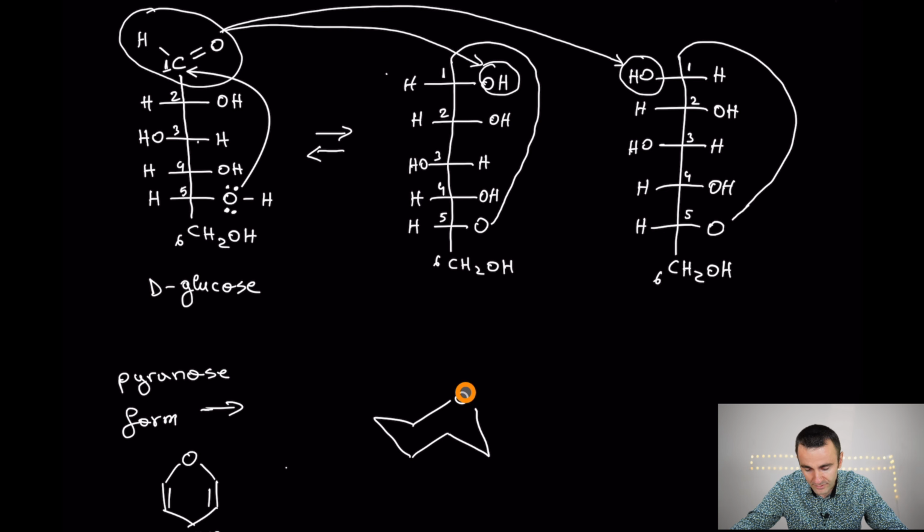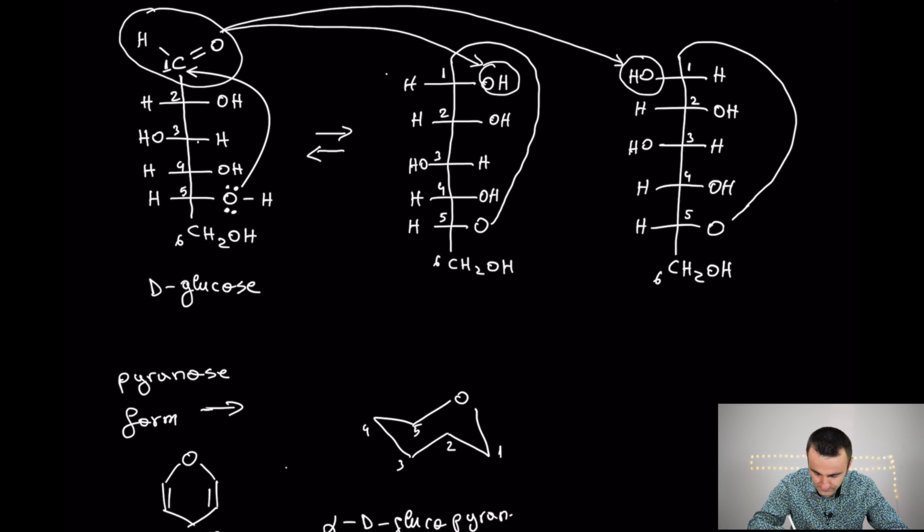Now, starting numbering, this is the one that is forming the bond. Now we are going to start from the first one here. So first, second, third, fourth, and fifth. Now we are writing the alpha D glucopyranose.